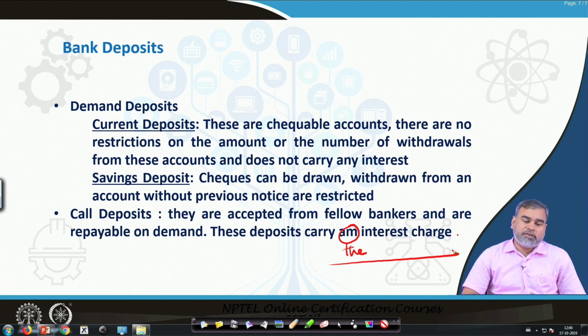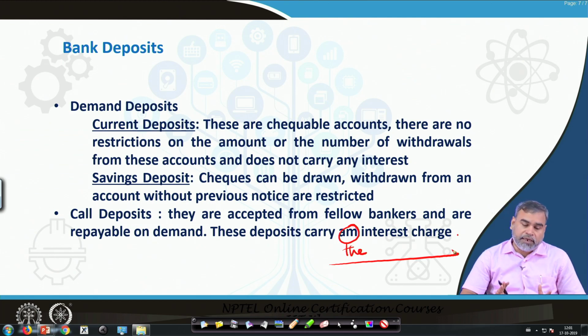But whenever you talk about the saving deposits, again checks can be drawn, but withdrawals from an account without previous notice are restricted. That means there is a limitation. You can withdraw your money, but there is a limit for that. If you want to withdraw more from this particular account above that limit, then prior notice has to be given to the commercial bank.